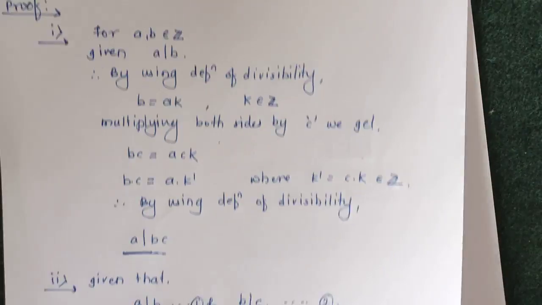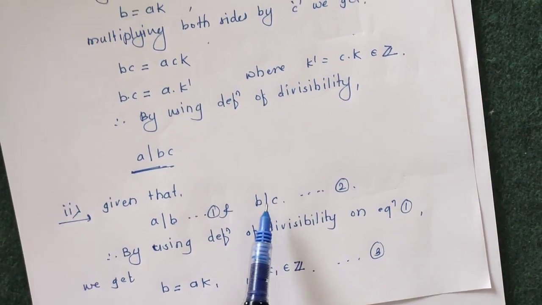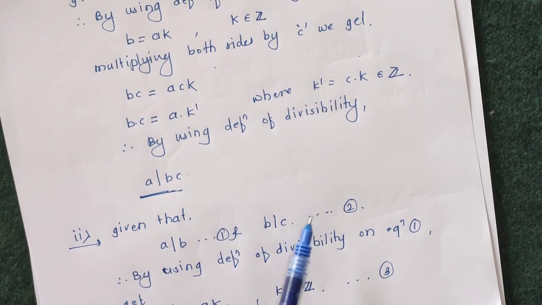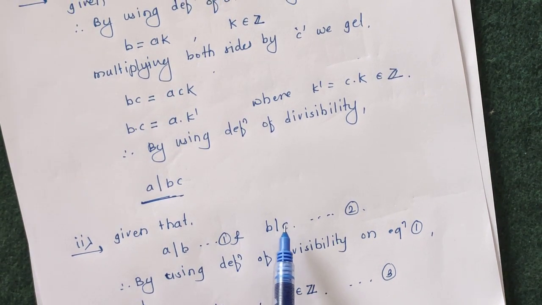Equation number 2 is B divides C. So using the definition of divisibility on this equation, we get C is equal to B into some integer.